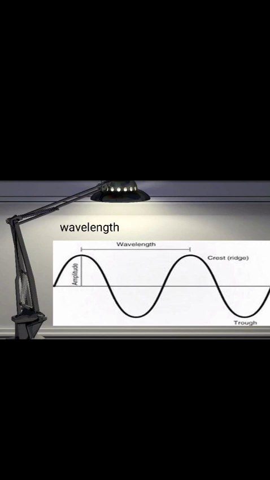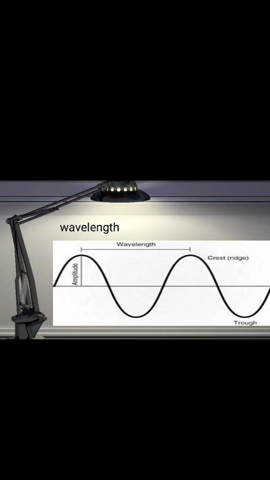Wavelength of light varies with colors. It is different for every color. Red color has the longest wavelength while violet has the least. The wavelength of UV radiation is shorter than violet light.